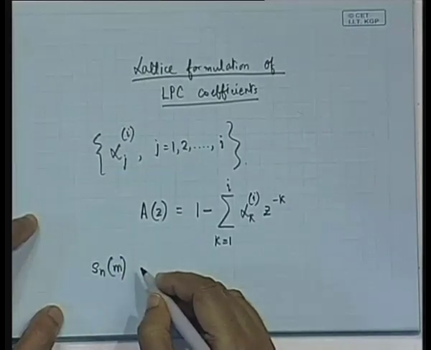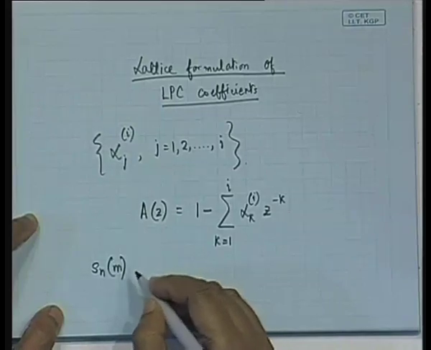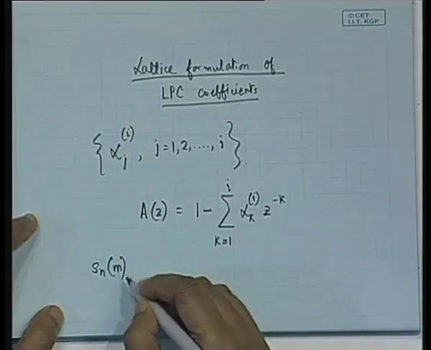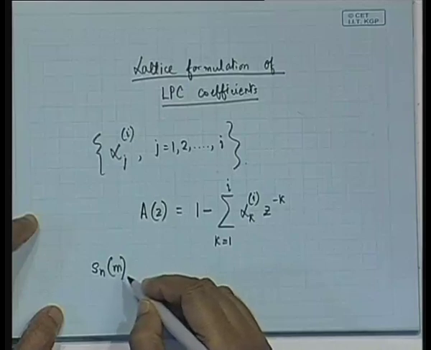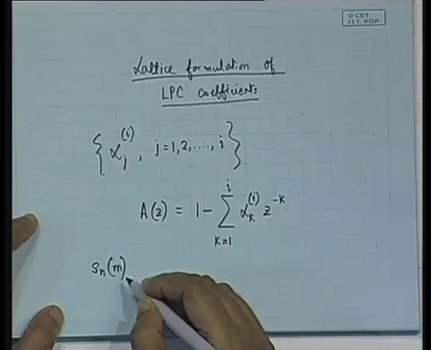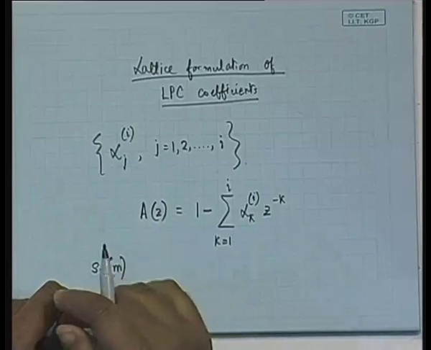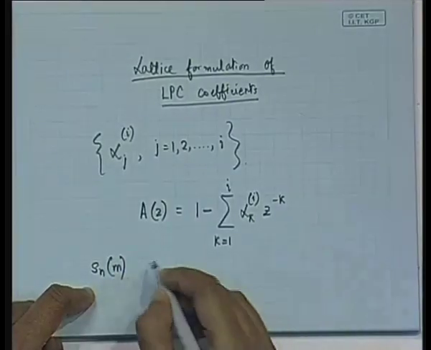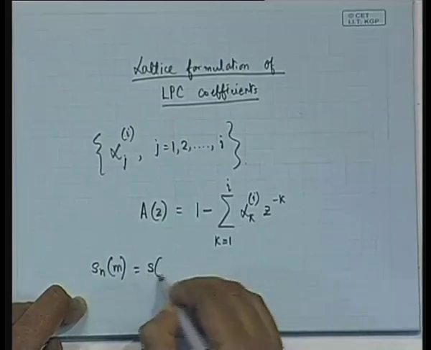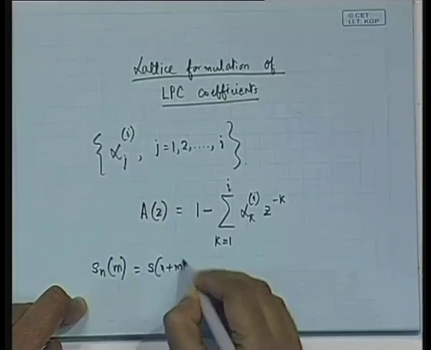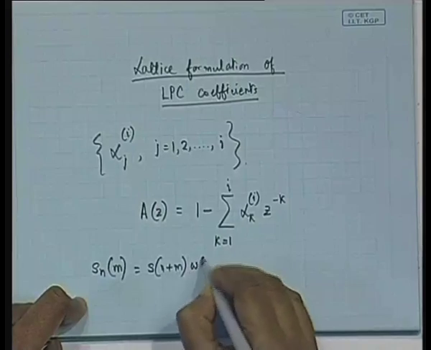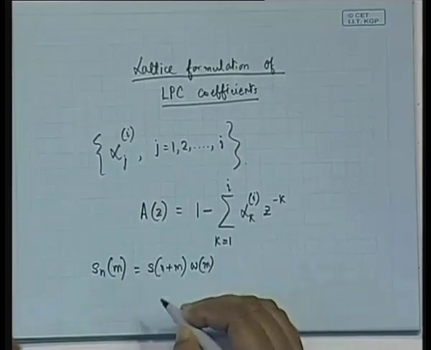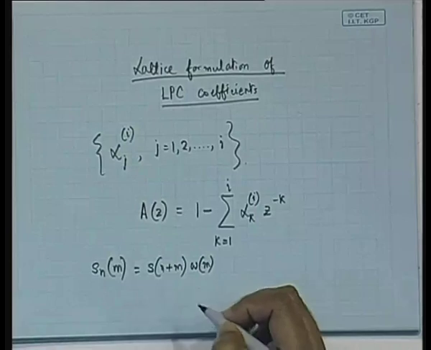You know what we mean by this expression: the subscript n and, within parentheses, m means that we go over to the nth sample and have m as our variable index, and that segment we write as s of n plus m into w of m, where w of m is the windowing coefficient.